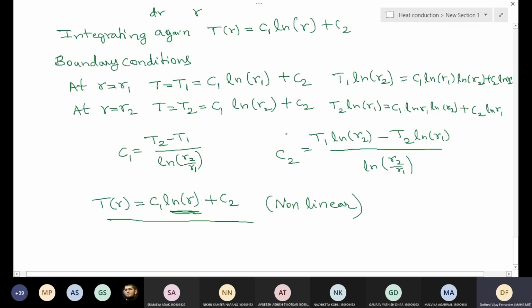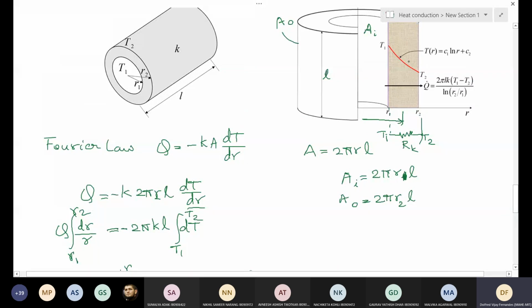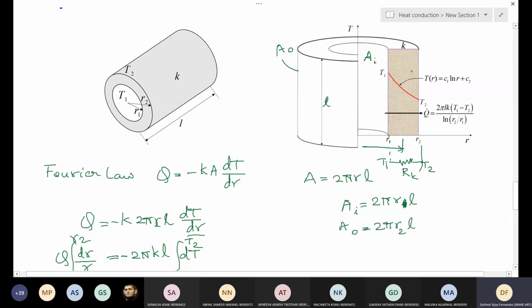Interesting. You should see that. Okay, so in the cylindrical wall, the temperature distribution is not a straight line. You can see that it's a curve like this. The temperature gradient is high, not rate of heat transfer.